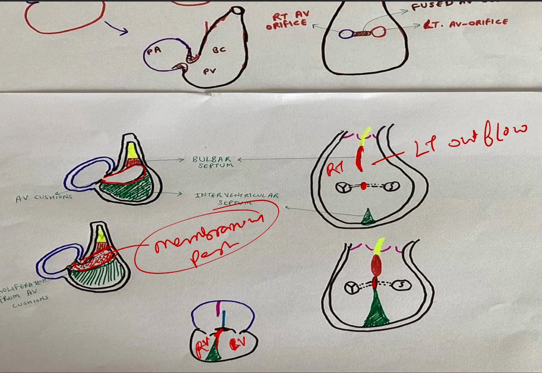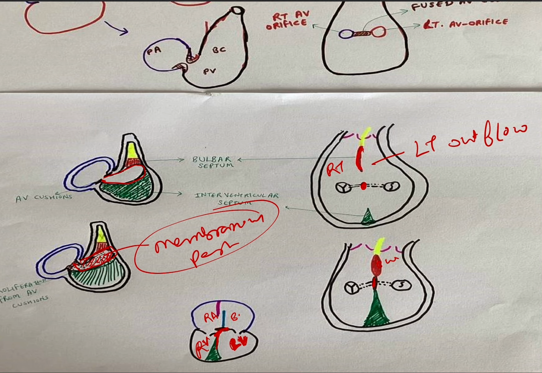And the posterior part of this endocardial cushion, which is at the back of this screen, is getting attached to the bulbar septum. This is the bulbar septum. And finally, this divides the right atrial cavity from the left ventricular cavity.